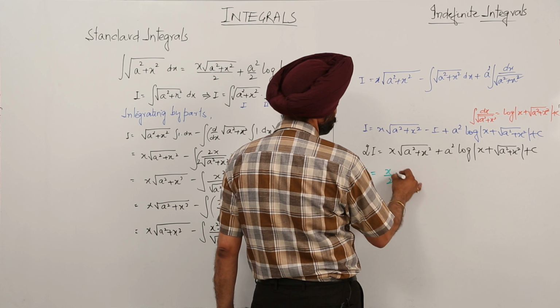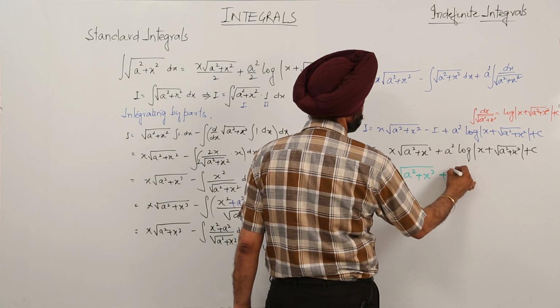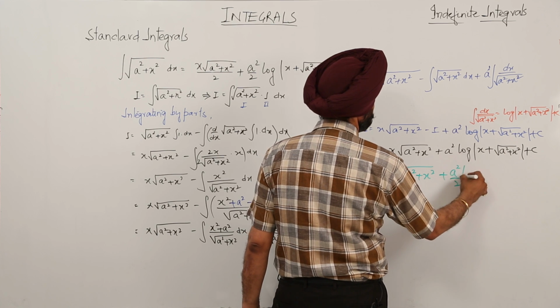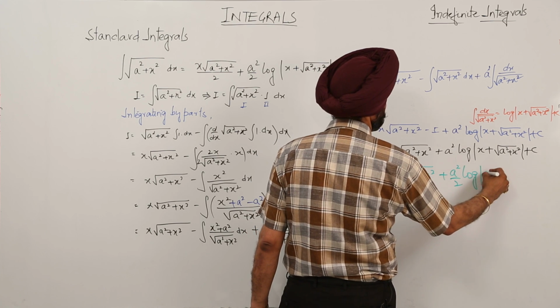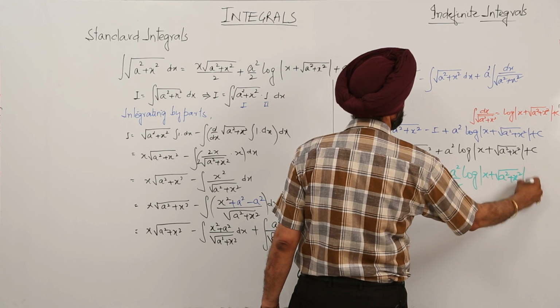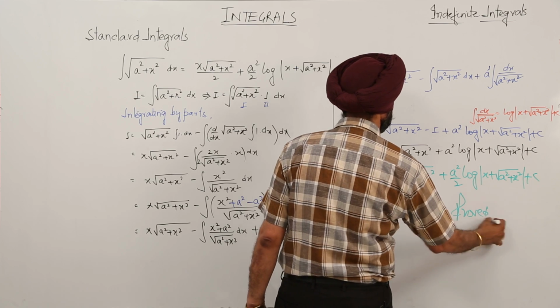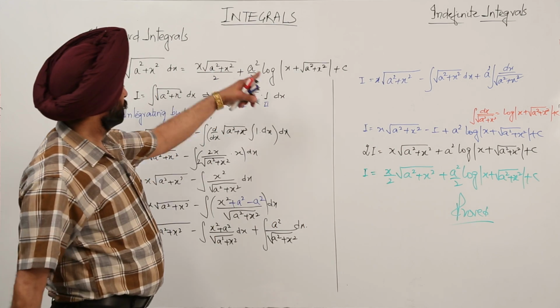So I equals x upon 2 square root of a square plus x square plus a square upon 2 log x plus square root of a square plus x square plus c. Proved. Same thing.